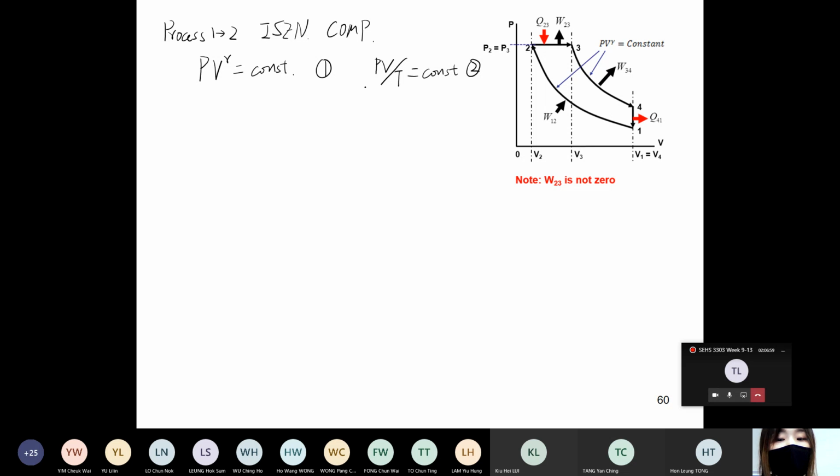Does anyone have a problem with this equation? If not, I will continue. Property of perfect gas, PV equals mRT, right? If we rearrange it, because it's a non-flow process, the mass, the amount of air, does not change. So we have PV/T equals constant, okay? At this point, any problems for these two equations? No. Okay, I will move on.